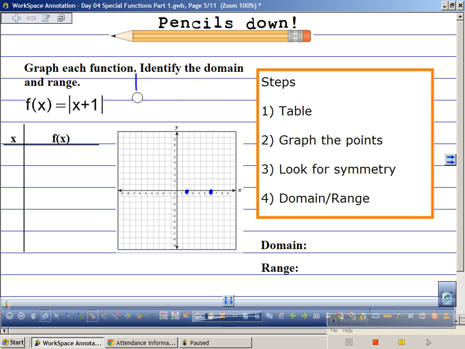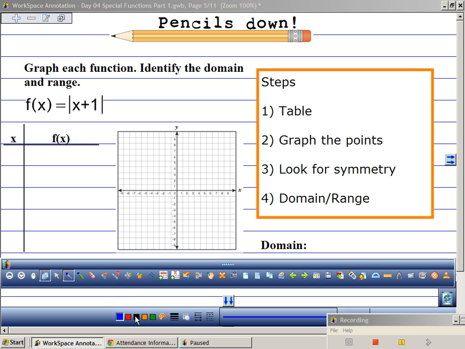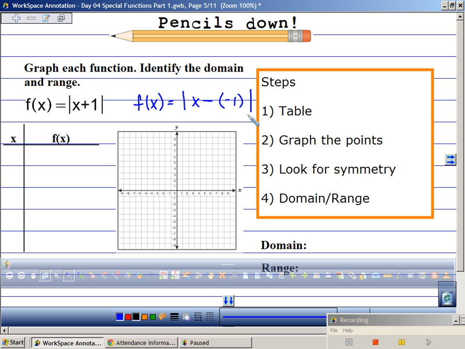All right, that being said, this is really the distance between x and negative 1. Right? Just like we did in the last chapter.